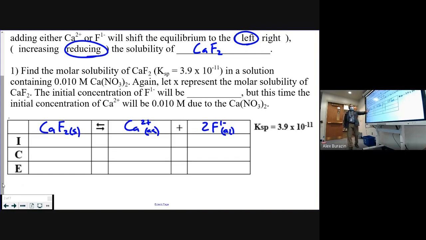Whenever we do these solubility Ksp ice tables, x is always this value right there. Now, I don't know what that is, but how much of it's going to break apart? All of it. 100% of whatever dissolves will dissociate.